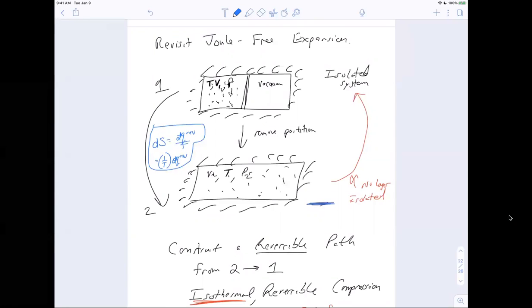We remove the partition, and at the moment we remove it, the system becomes an isolated system. That gas, which we take to be ideal, expands to fill the vacuum space of the container, which is rigid and well insulated. Hence, the system is isolated. And the question was, what is the entropy change of that process?